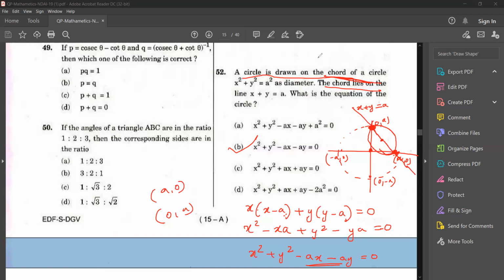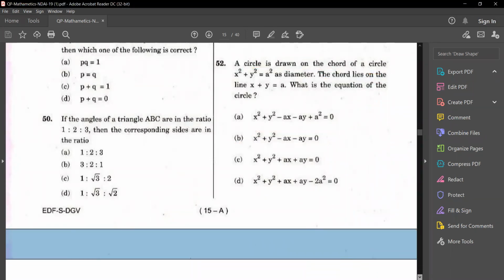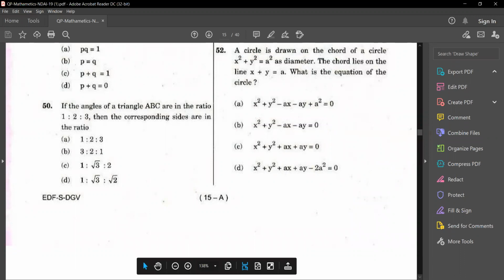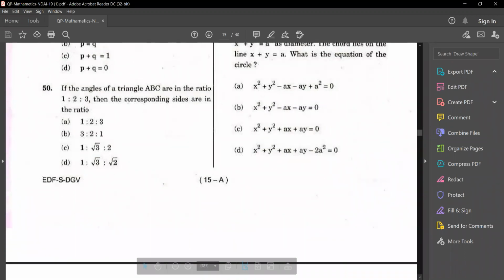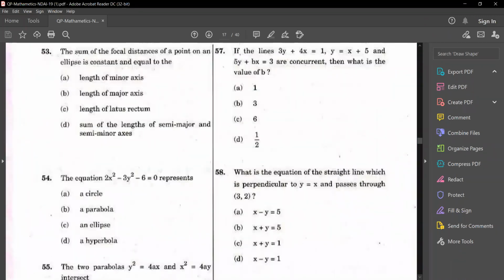Now write the next question. We'll go to the next question. Question number 53.